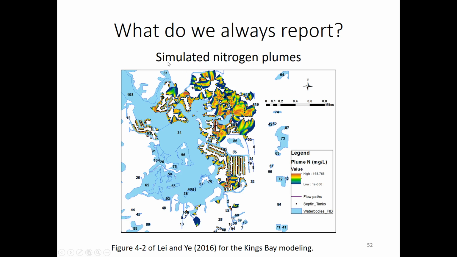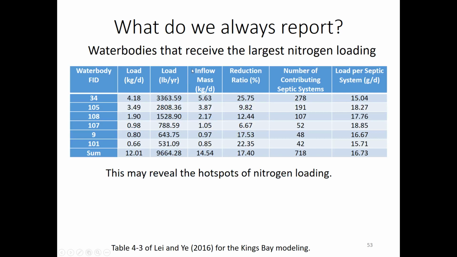And for each case, this is what we include in the report. You need to include a simulated nitrogen plume, like here. This is a visual result. People can see it, people can comment, people can make suggestions. You also need to report the water bodies that receive the largest amount of nitrogen loading.